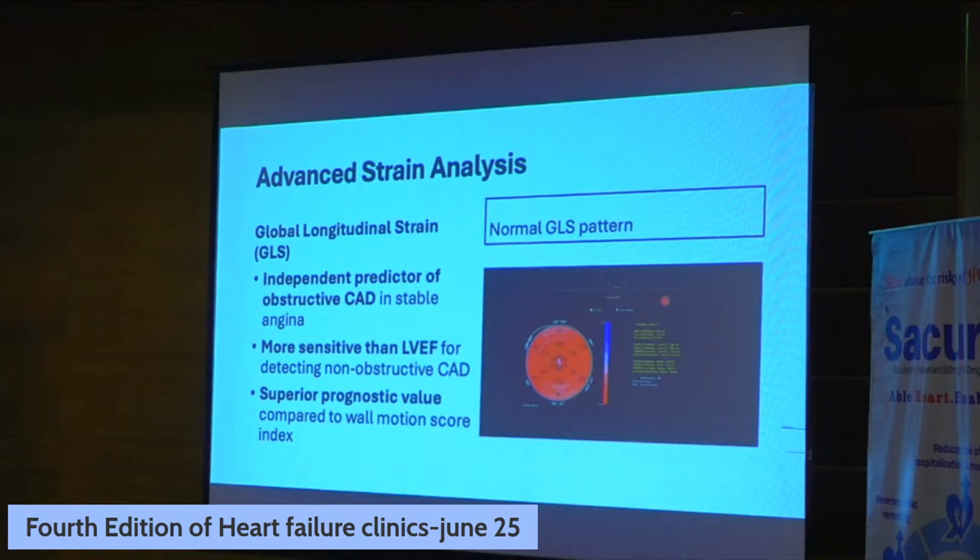It squeezes from apex to base, and it contracts circumferentially and squeezes also. So the GLS takes into account the longitudinal contraction as well as the torsion of the ventricle. That is why strain analysis has become a very important tool for us in various scenarios.